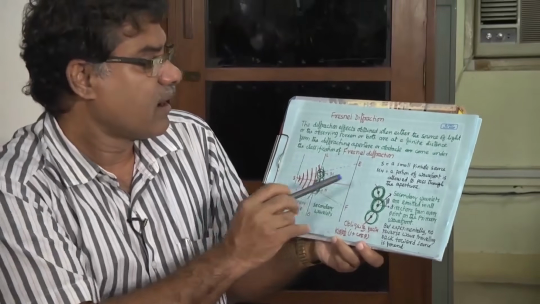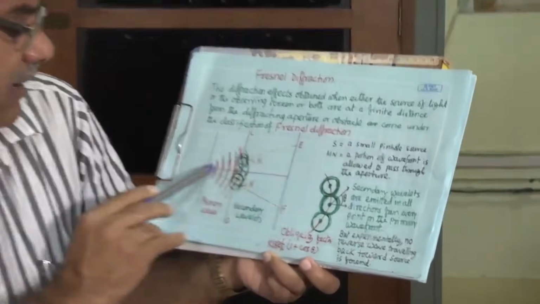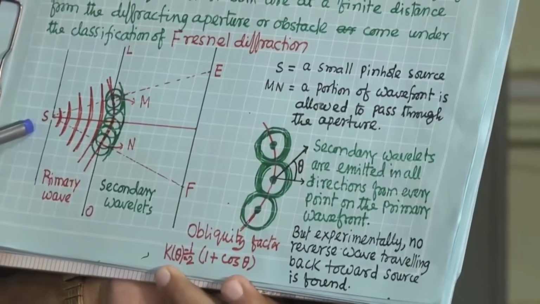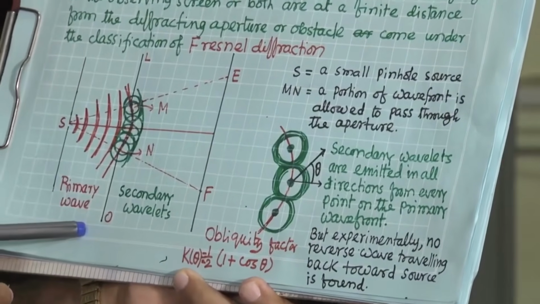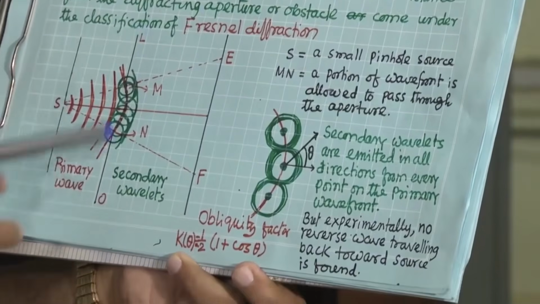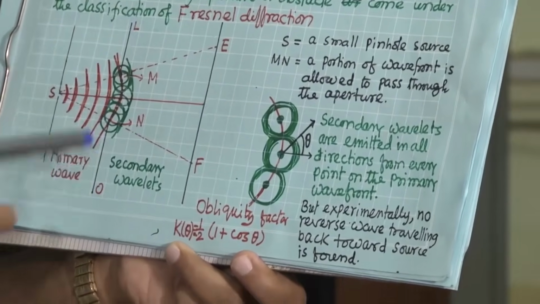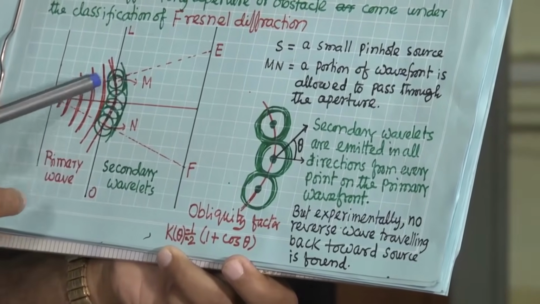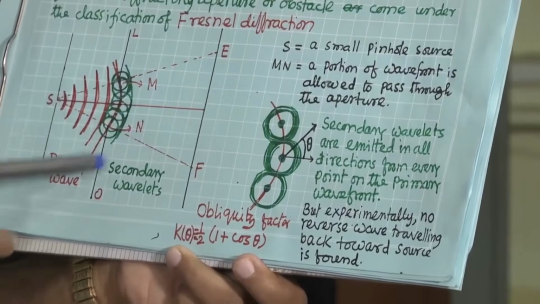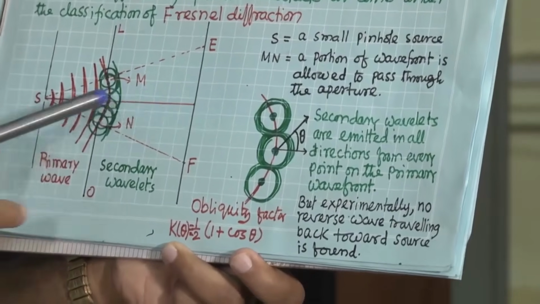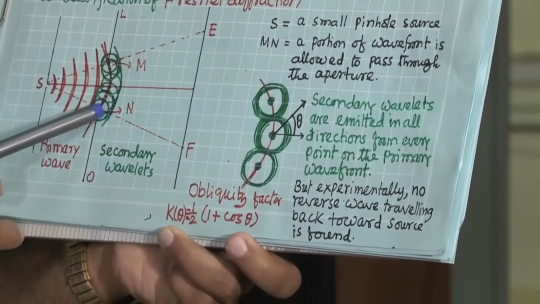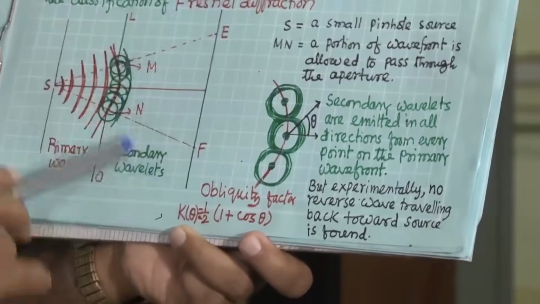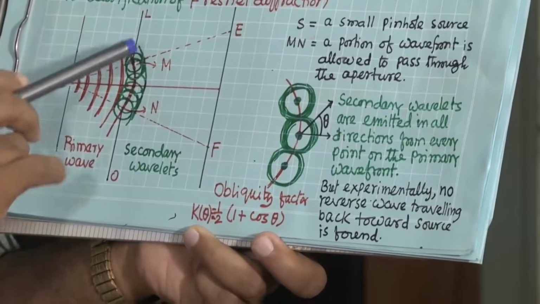Here is a small pinhole source, and the light falls on a screen having a small aperture. The portion Mn of the wavefront is allowed to pass through, and secondary wavelets are emitted in all directions from here.